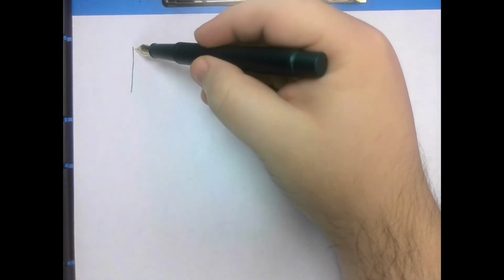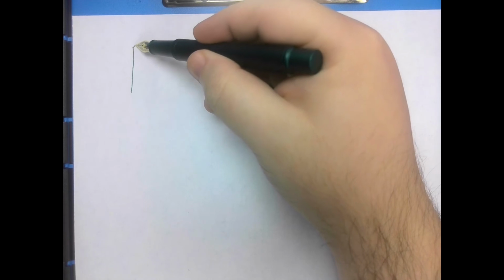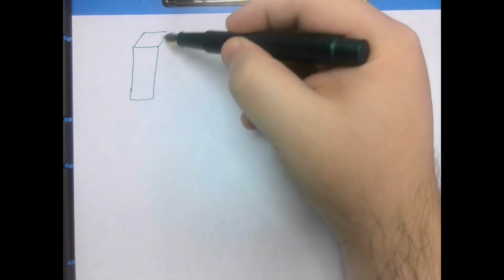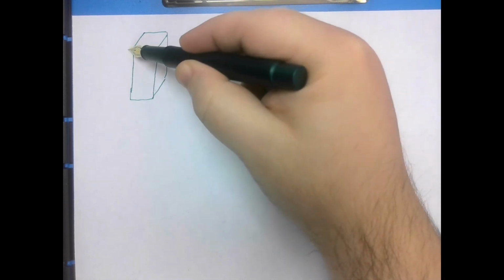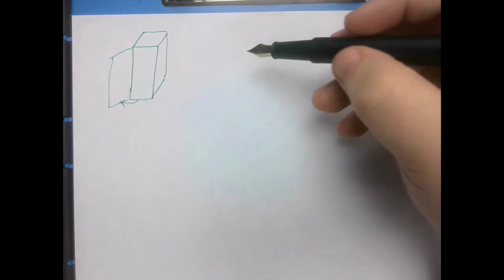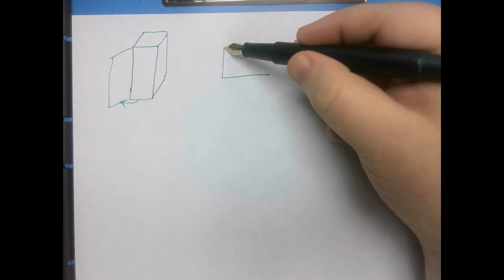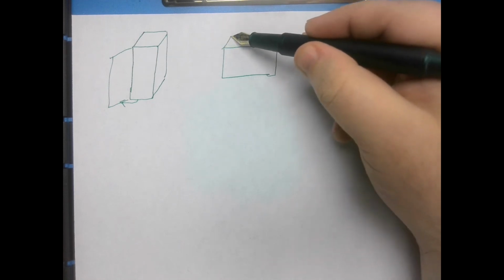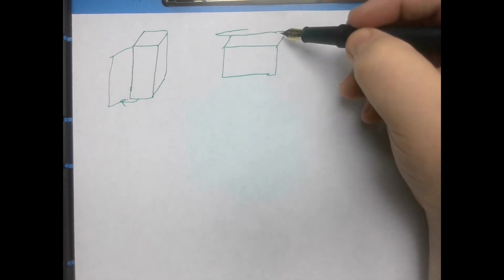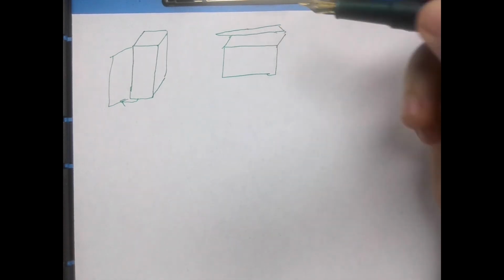Why does it warm up? Let's say that we have a freezer, where the door opens outward, versus a deep freezer, where the door opens up like this.